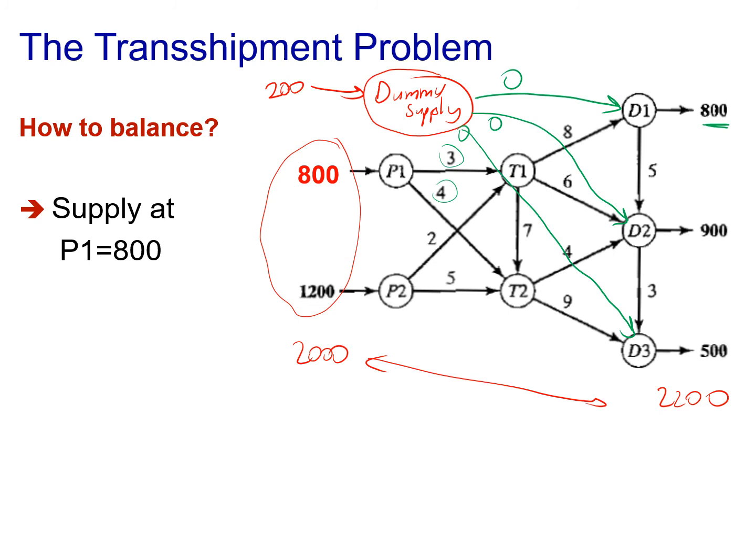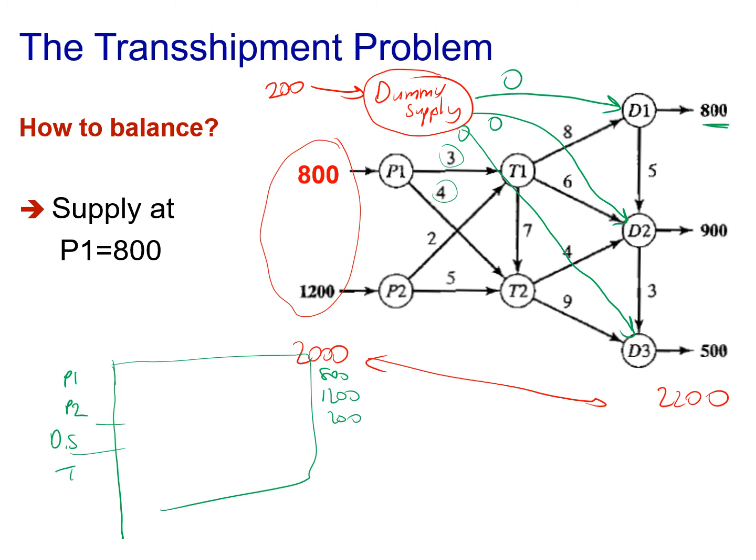Now when we construct the transportation tableau, we include P1 and P2 as pure supply points, and also this dummy supply, which is also a pure supply point, and we write their supply values as 800 for this example, 1200 and 200.